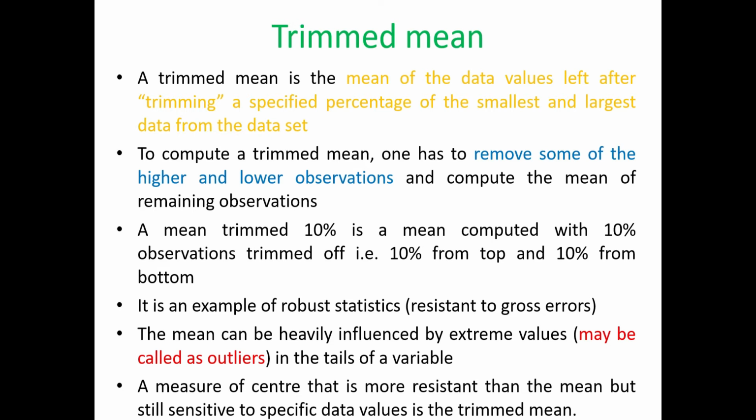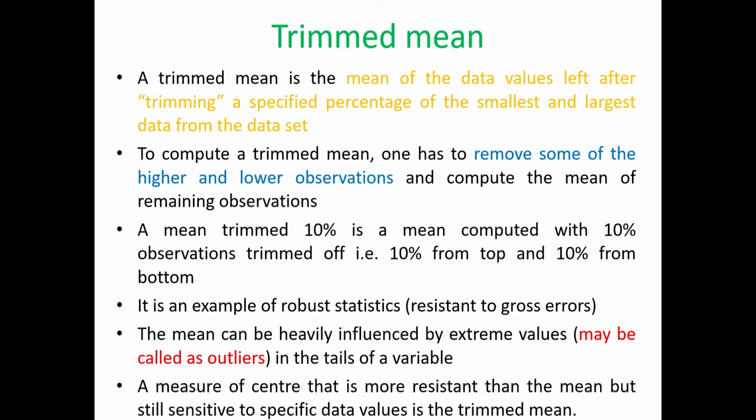Also in robust statistics we are using it heavily. It is used because the mean is heavily influenced by extreme values. Just see the case of movie tickets, where one movie ticket is 5,100 and others 100 rupees. So it is affected by extreme values. It spoils our whole calculation.